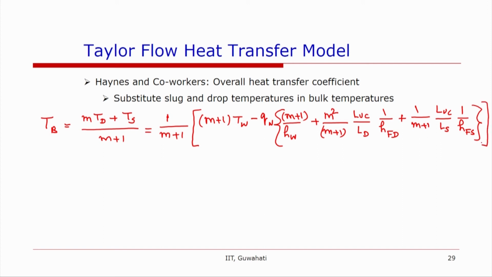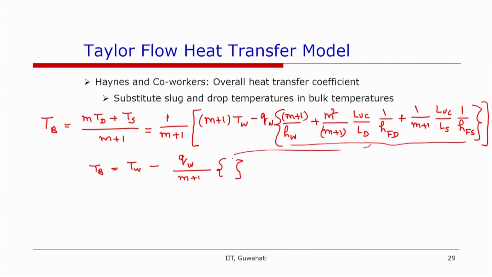So, now we can expand this and we see that TB is equal to T wall minus QW over M plus 1 and this entire thing in bracket. So, we can just represent this entire expression by the middle bracket, and the entire expression we copy here.